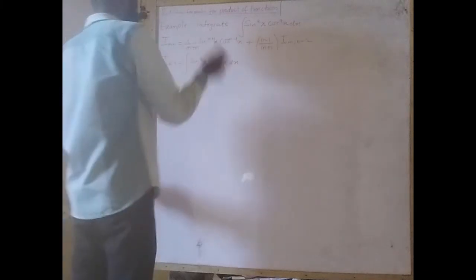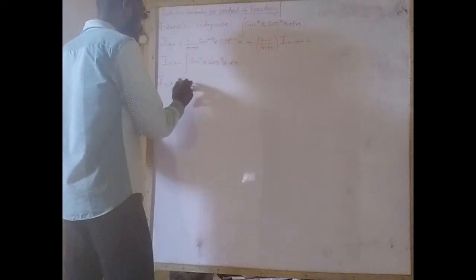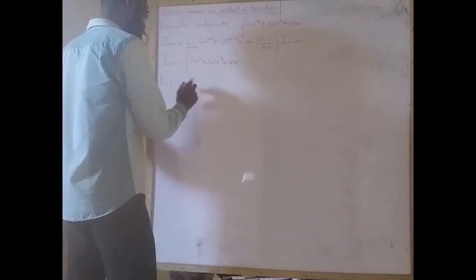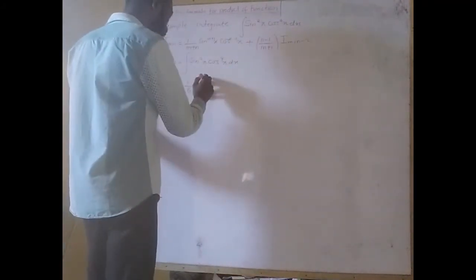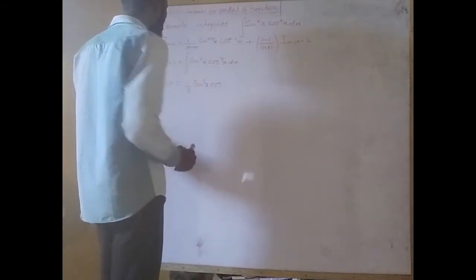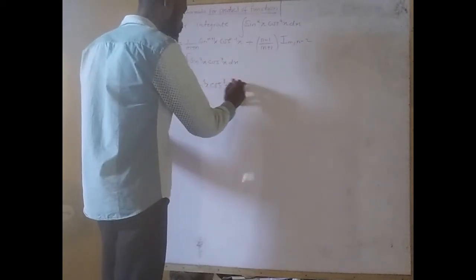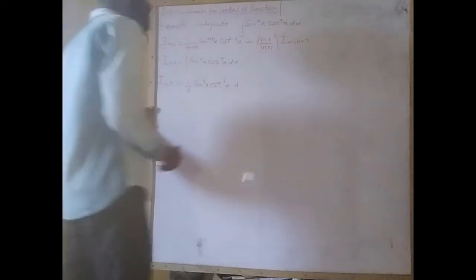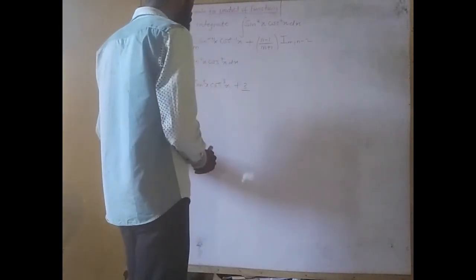Now, if I substitute this into the given reduction formula, I(2, 4) will be 1 over 2 plus 4, which is 6, sine to the power 2 plus 1, which is 3, x, cos to the power 4 minus 1, which is also 3, x, plus 4 minus 1, which is 3, divided by 2 plus 1, which is also 3.